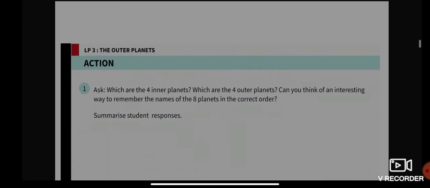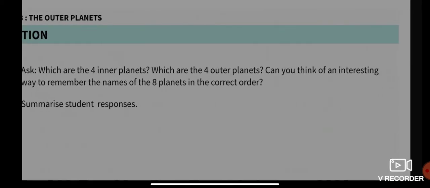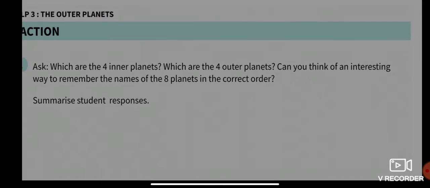Now, which are the four inner planets and which are the four outer planets? Can you think of an interesting way to remember the names of the 8 planets in the correct order? So we have learned about the inner planets last class.